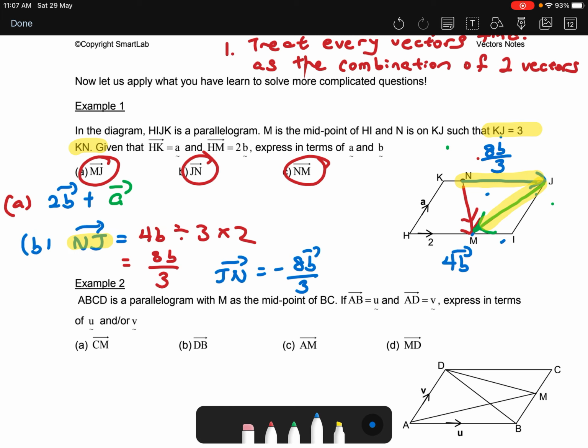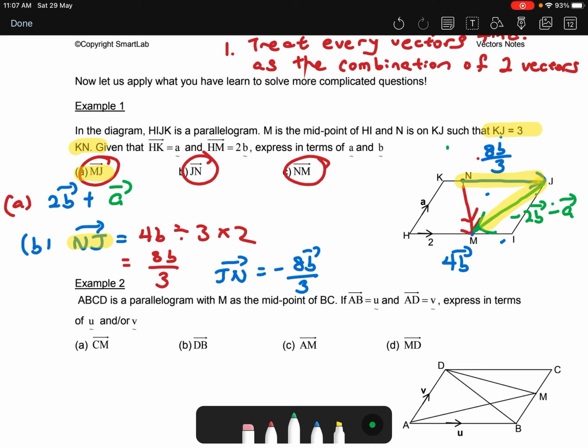What about JM? I have MJ, which is 2b plus a. So I just need to flip, put a negative sign, to get my JM. So JM is negative 2b minus a.